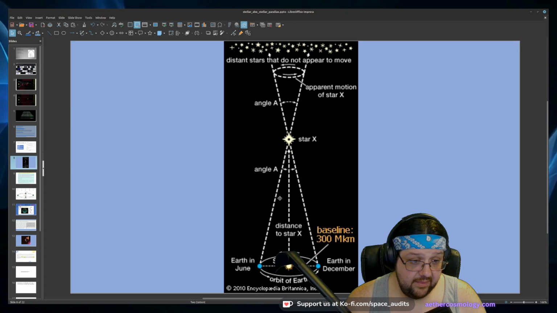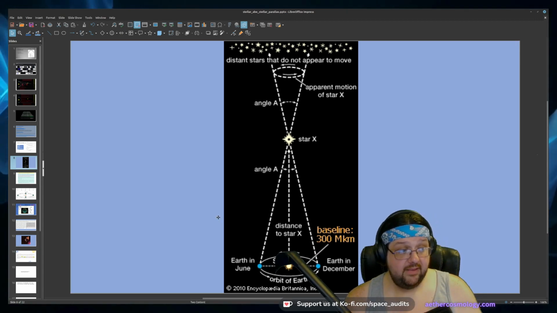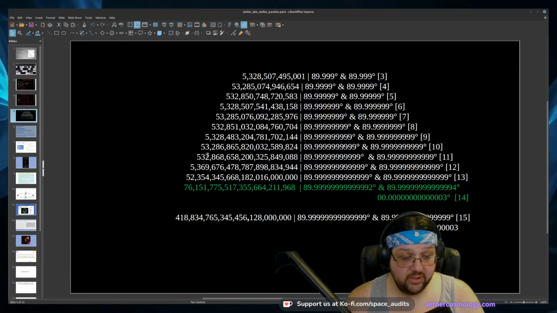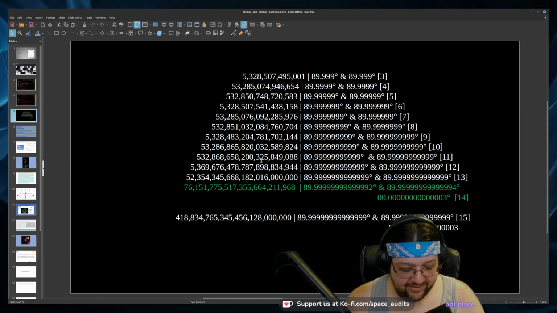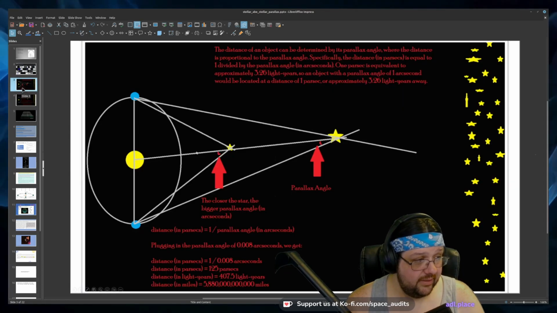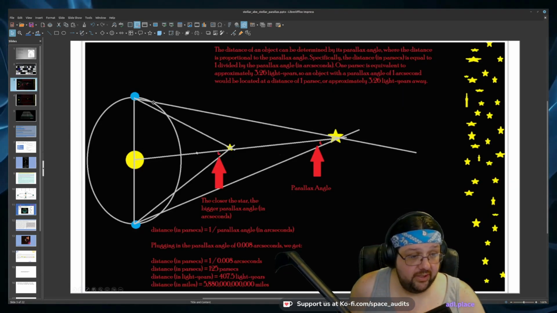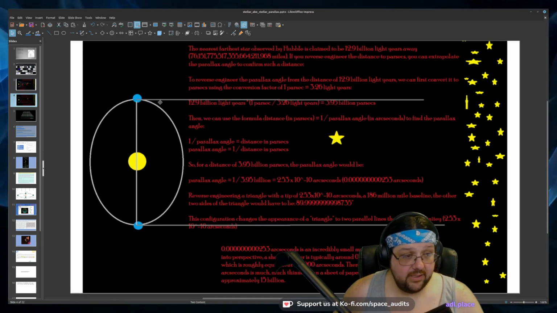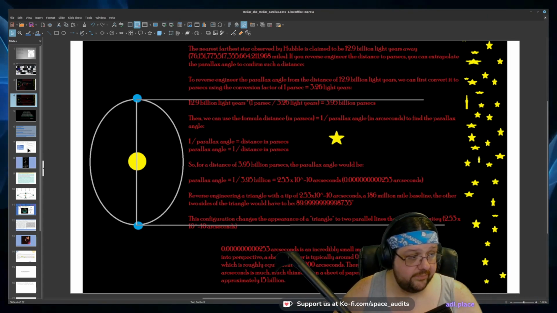And they say that with the 186 million mile baseline, they can get parallax angles all the way out to trillions, quadrillions, quadbillions, sextillions of a degree, right? Or I'm sorry, of a distance based off of these angles that converge at infinity. So again, we're looking at angles that look like this, but what's actually happening is we have two parallel lines that converge at infinity. Just trust us.